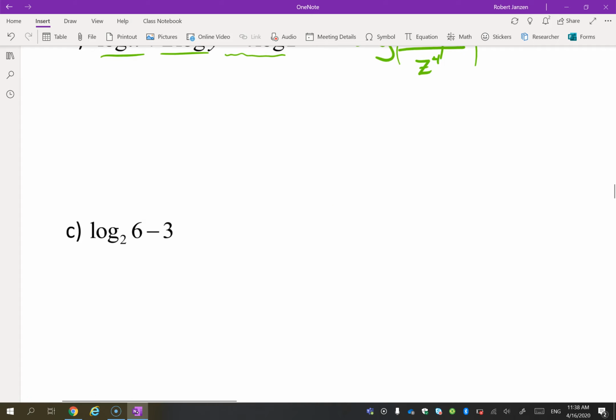Okay. Well, this is a trick that I know will probably show up on a test. I've seen this before on an exam. So if we want to condense these, the problem is this one is not a log. All right, but we can change it into a log. So watch this. If I want this to equal 3, but I want this to be a log, I'm going to write this.